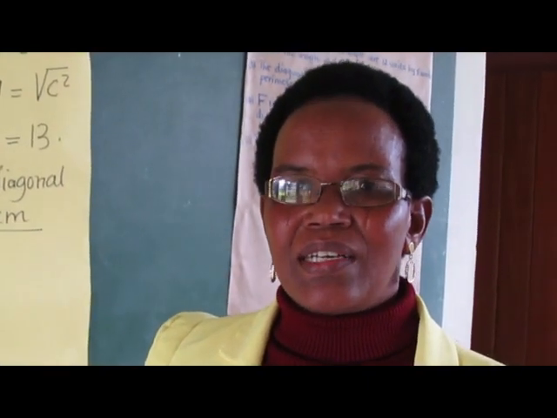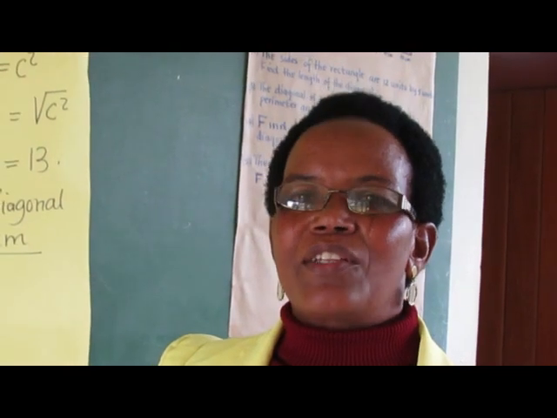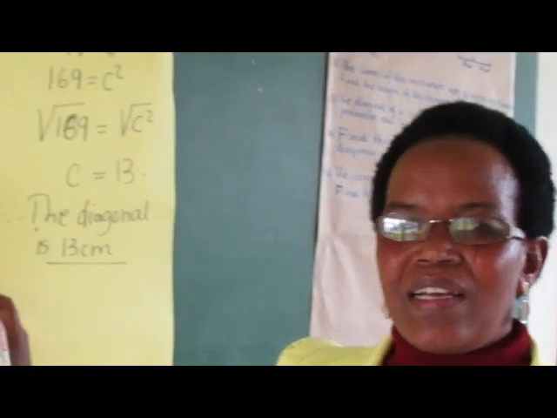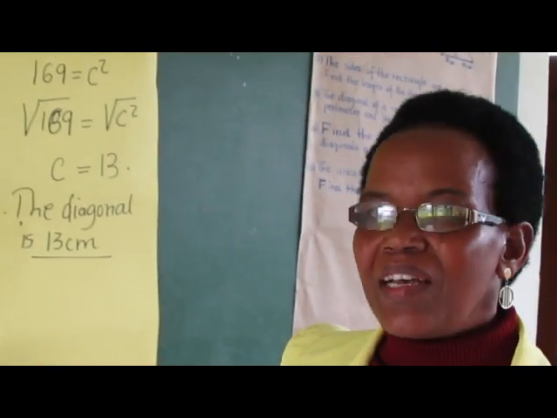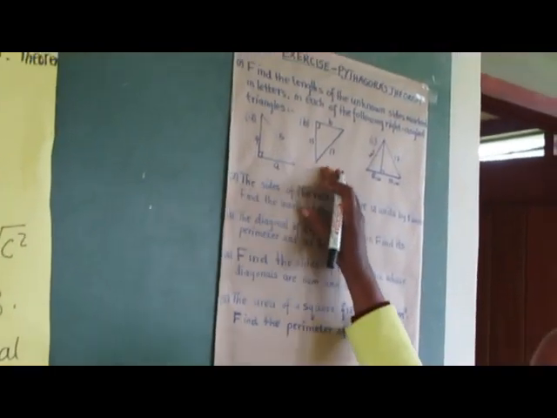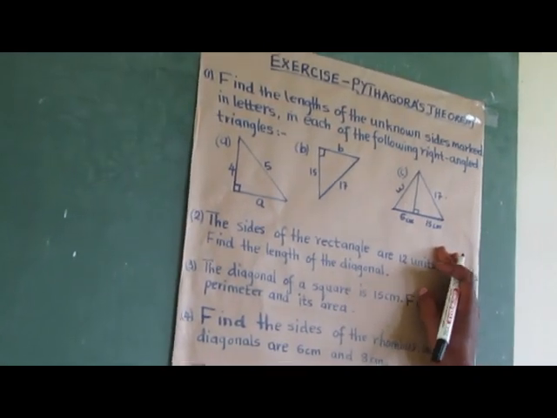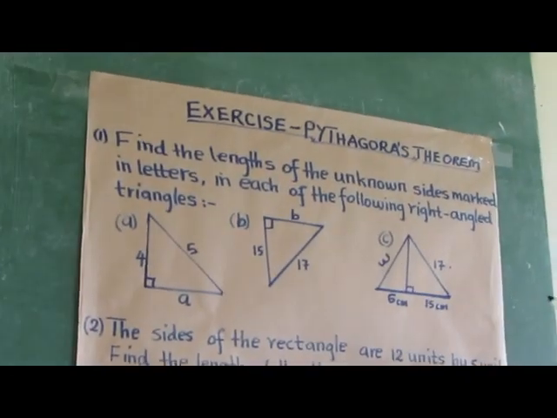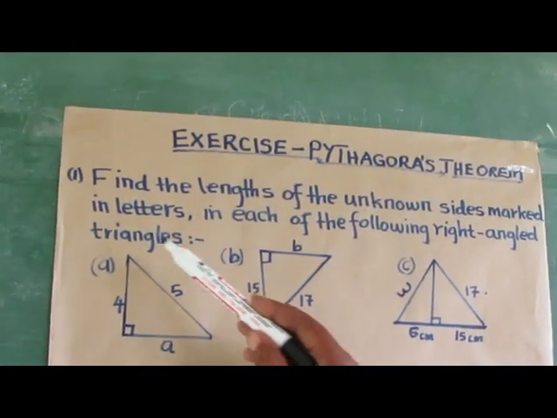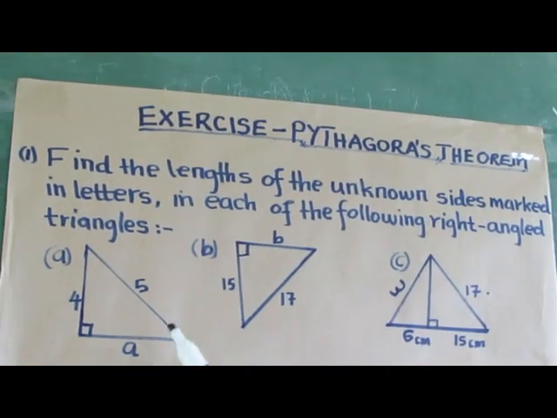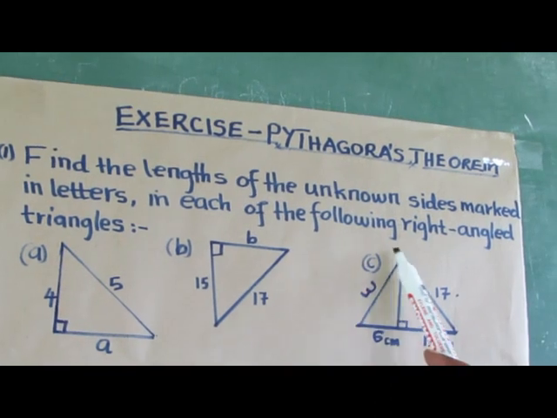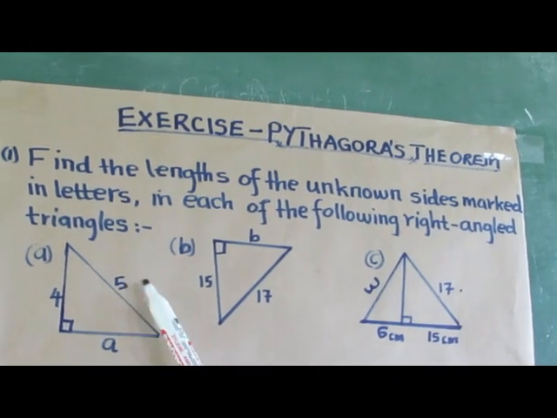Dear students of Form 2, we are through with our examples. Now, can I assign you some work to do? Here is the exercise for you. You can do it in your exercise books. Question number 1. Find the lengths of the unknown sides marked in letters in each of the following right-angled triangles.